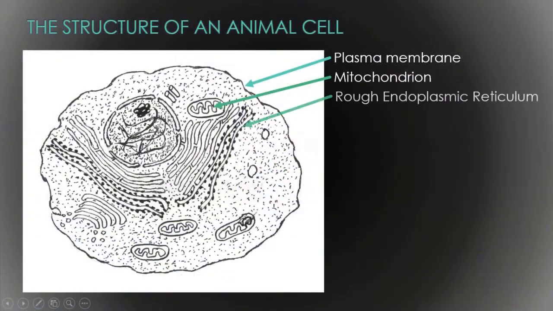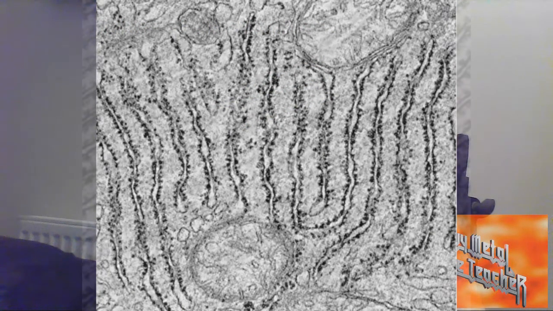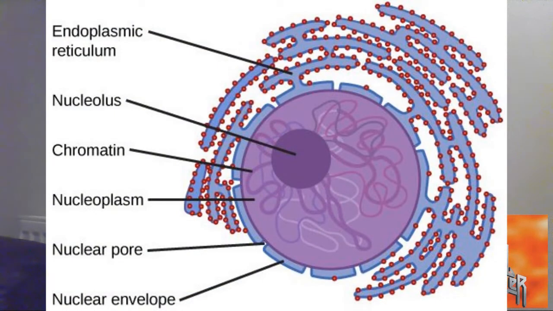Next, bit of a mouthful, the rough endoplasmic reticulum. In terms of structure, this thing is made up of flattened sacs covered in ribosomes. And the ribosomes is why it's called rough endoplasmic reticulum. Because if you look on the diagram later on, you'll find that there is also smooth endoplasmic reticulum. Now, its membrane, if you look, is actually attached to the nuclear envelope.